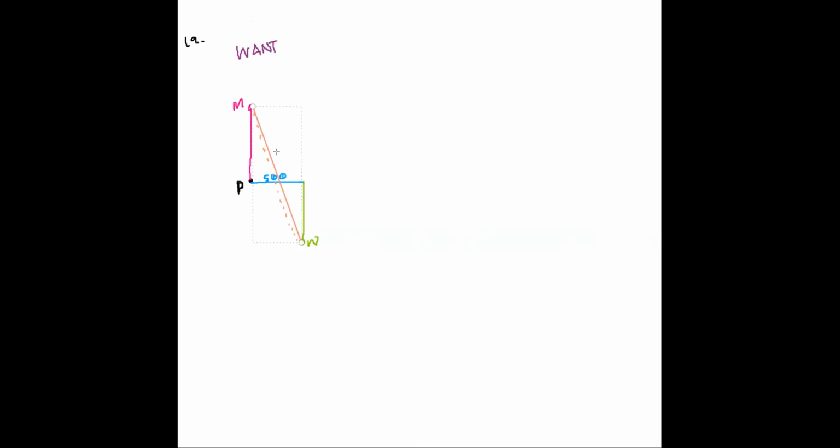And we can start labeling. I, for instance, would call this distance little m, and this distance little w. And I don't really care what this distance is. We can call it x, y, z. Let's call it z.